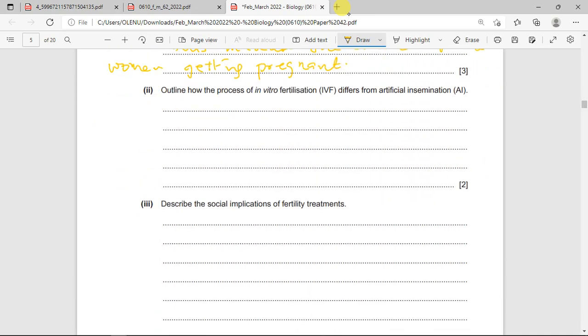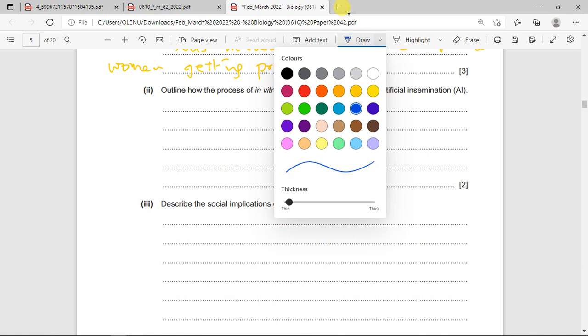Now they say outline how the process in IVF, in vitro fertilization, differs from artificial insemination. This is also quite simple.